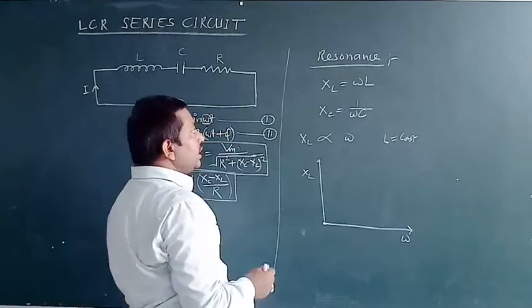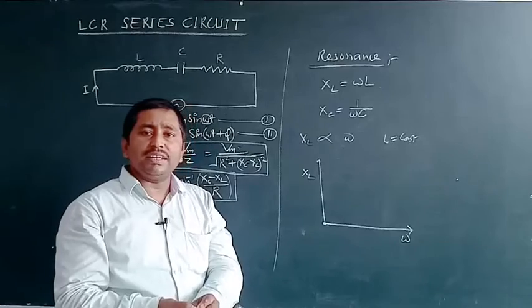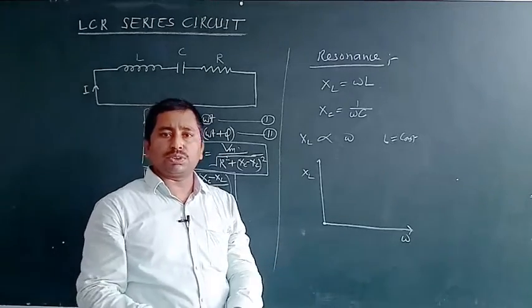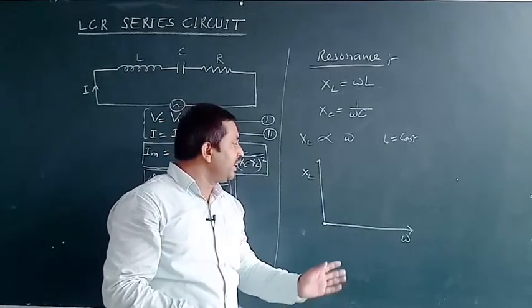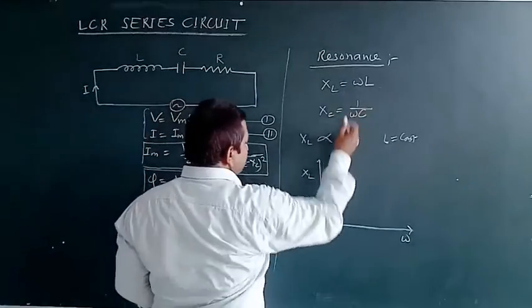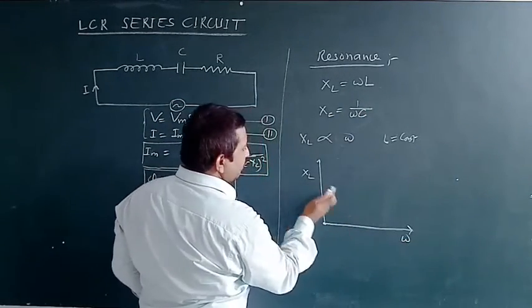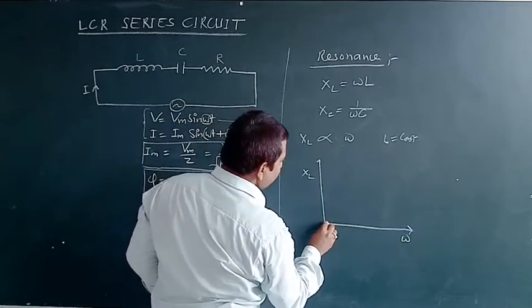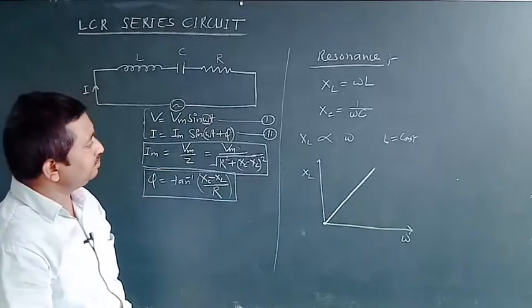It means the inductive reactance becomes 0 when the source becomes a DC source, since the alternating polarity disappears. So when we plot a graph between omega and XL, we get a straight line.